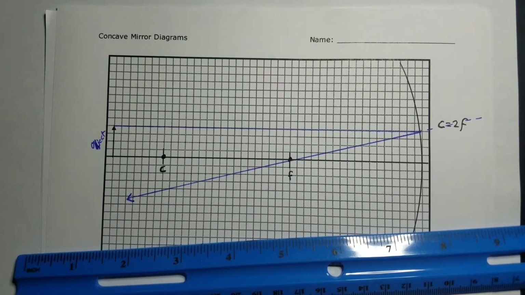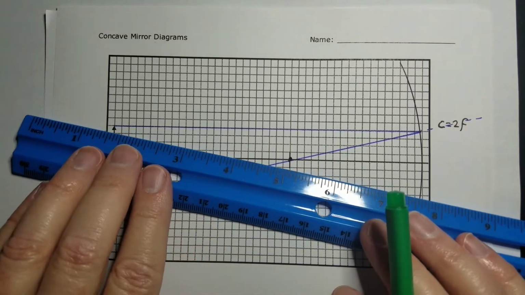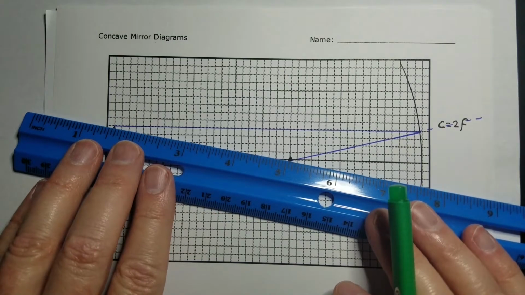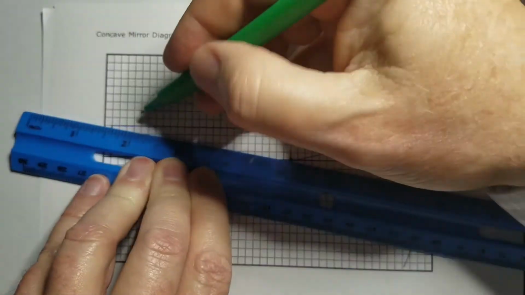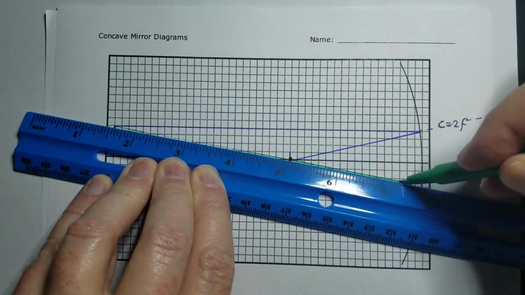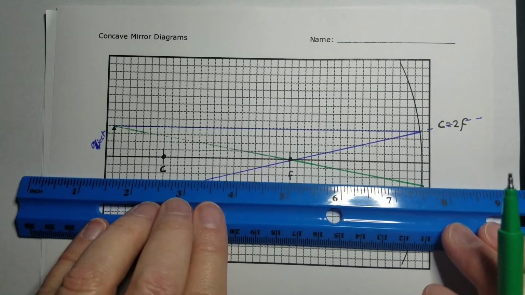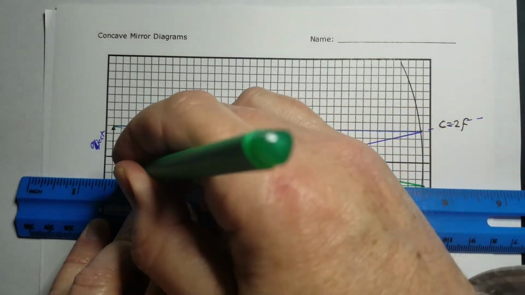The next one is focal point, parallel. As the statement suggests, we start at the top of the object and go through the focal point until we hit the mirror. Then after we hit the mirror, it should reflect parallel to the principal axis, this way.